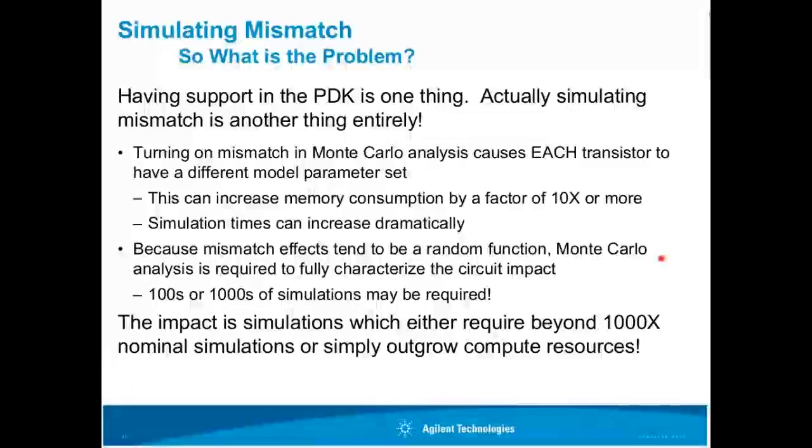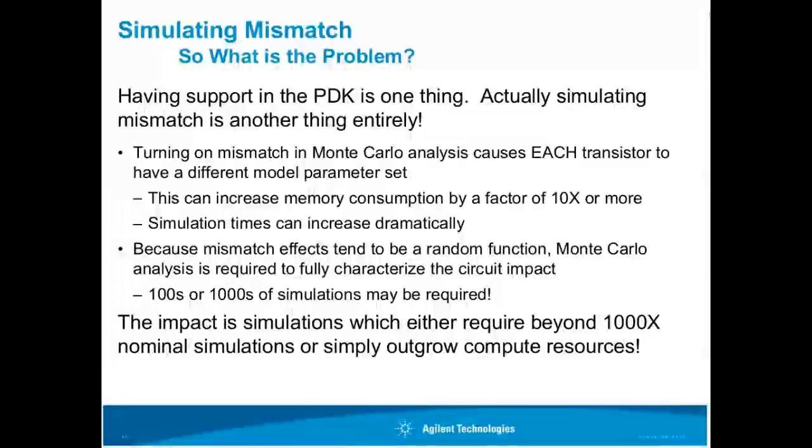Put together, these two effects multiply each other. So you have a longer run for each single run, and you might have to do thousands of them. So now you're faced with using compute resources of 1,000x, 10,000x what you would need to run a single corner or a single nominal simulation.